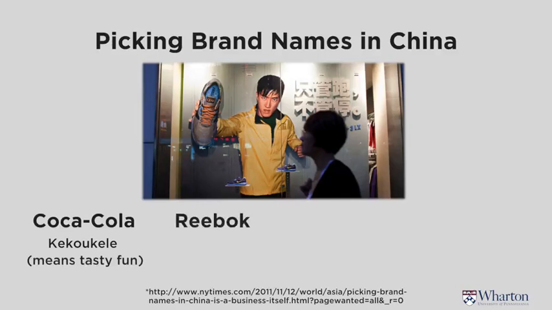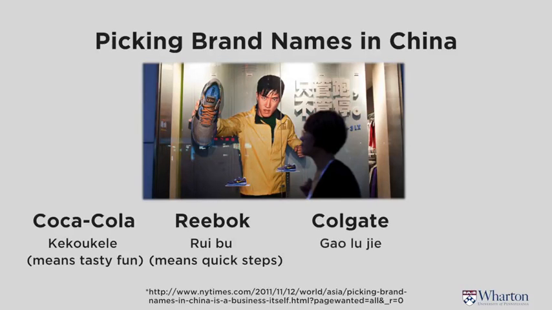Reebok did the same kind of thing. The Chinese characters they chose sound like Reebok, and it means quick steps, which again makes sense. Colgate did something different. Colgate picked Chinese characters that they thought were consistent with their brand image, which meant superior cleanliness, but if you said them, they didn't sound very much like the word Colgate.